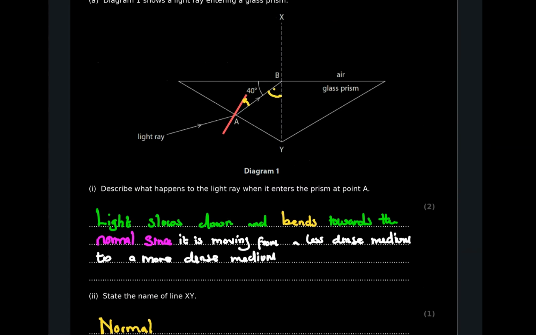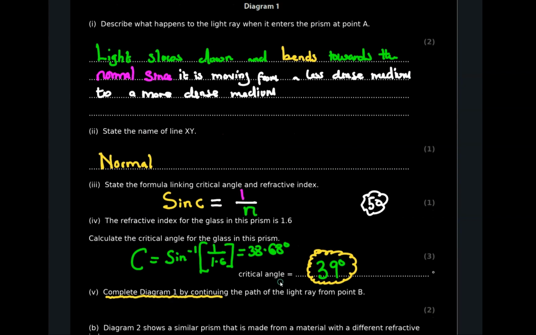You can see now our XY is the normal. So at B, which angle are we having here? 90 minus 40, give me the answer, 50 degrees. So is this 50 degrees more than the critical angle? Yes. So if it's more than the critical angle, it means that total internal reflection will take place. 50 is more than the critical angle, which is down here.